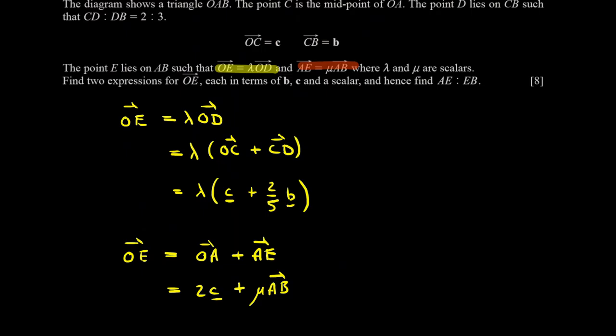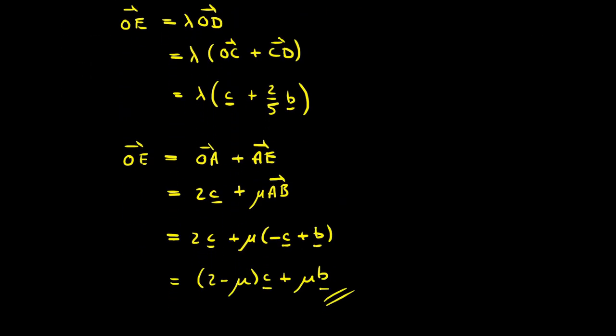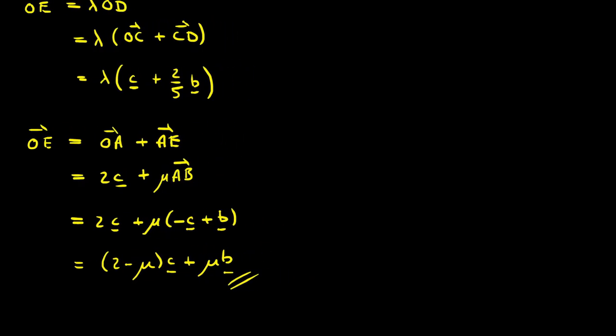So now notice that I've got two expressions for OE. I've got this expression here, and I've got this expression here. And what we can say is these two things are equivalent, these two things are the same. And what that means is that the components of C must be the same and the components of B must be the same. So I can now write two equations.